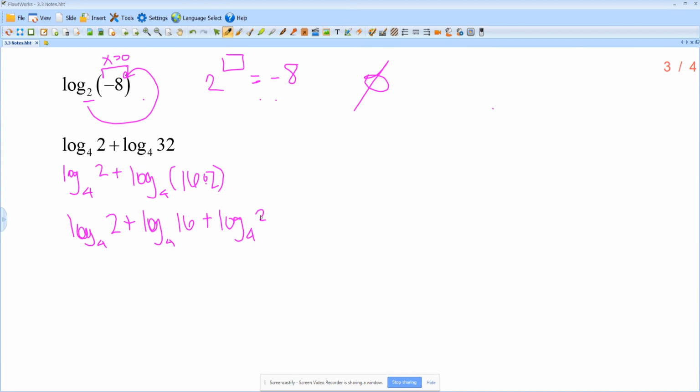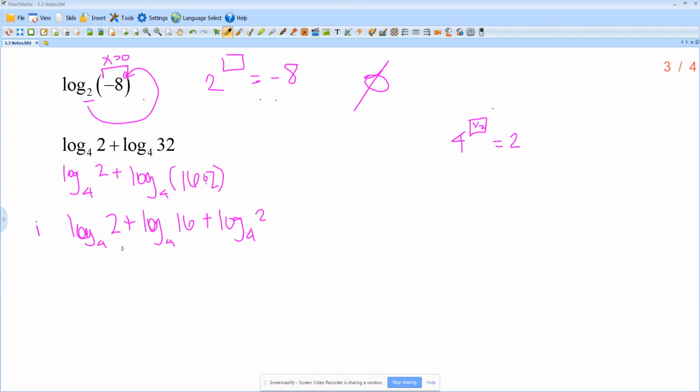You can combine those log base 4s of 2, but I want to talk about what that means. Log base 4 of 2 means 4 to some power gives me 2. Well, what relationship does 4 and 2 have? The square root of 4 gives me 2, and the square root is the 1/2 power.